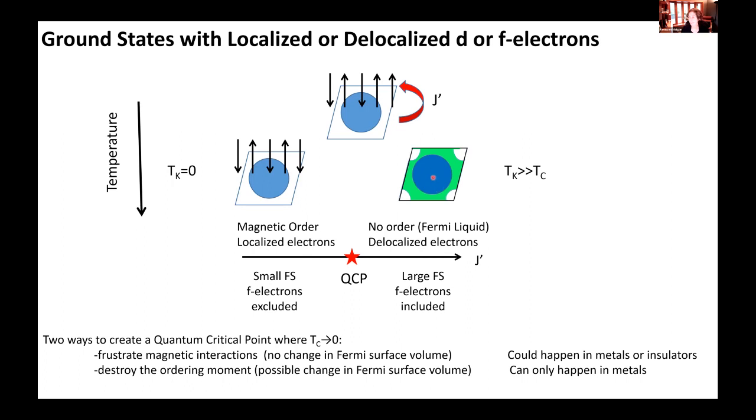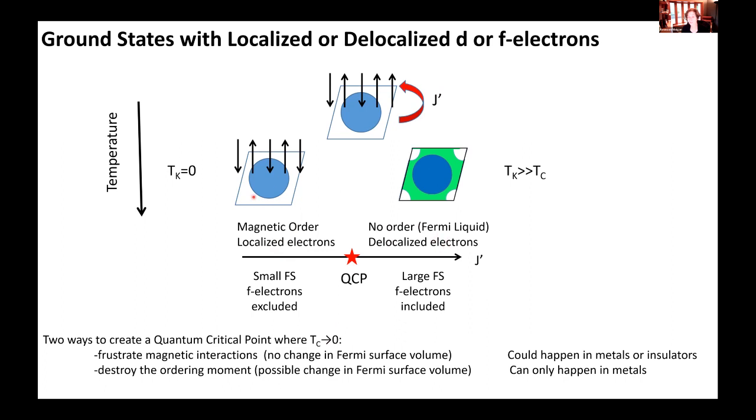and that the Fermi surface expands. So as a function of this parameter, J prime, we see that there's a quantum critical point at zero temperature, which connects, on the one hand, magnetic order of localized electrons when that parameter is small, or the absence of magnetic order and delocalized electrons when that parameter is large.